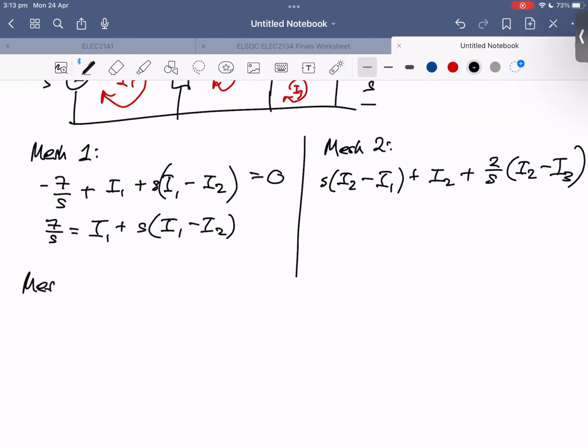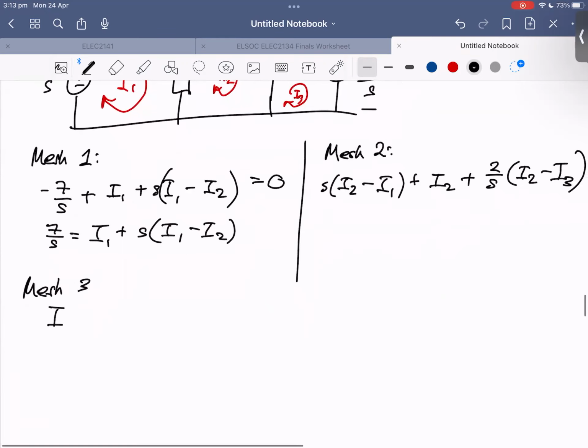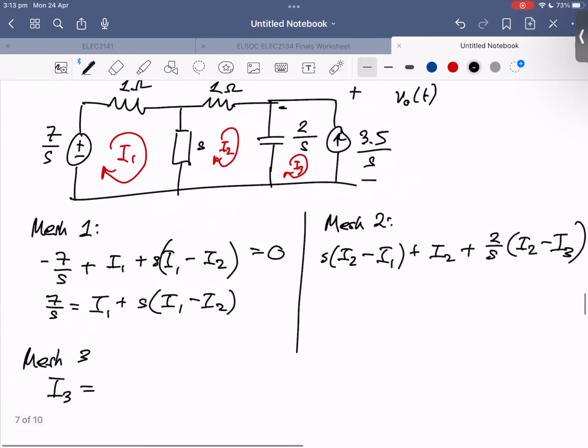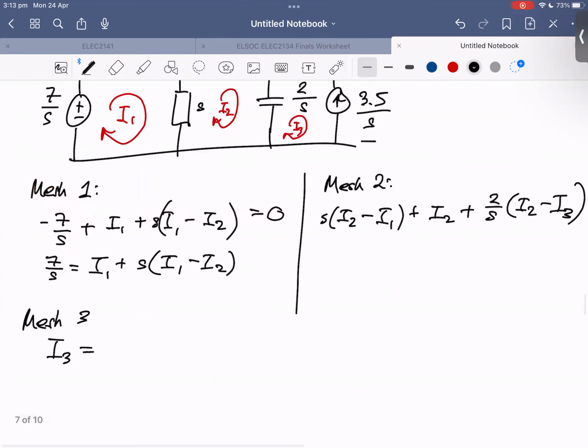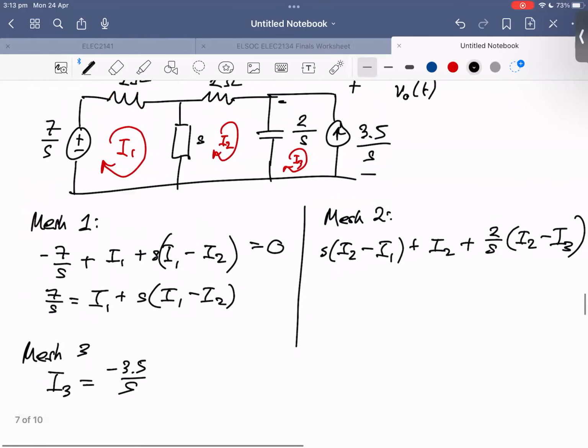My last mesh equation is going to be really easy because there's a current source, so I can make the rationale that I3 is equal to, since it's going the other way, negative 3.5 divided by s. Now I have 3 unknown variables and 3 equations, so I can solve for I1, I2, and I3. I3 is already solved for us.